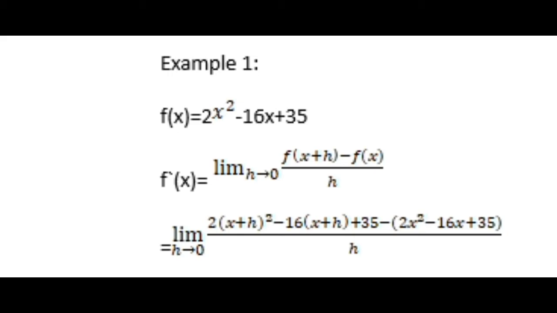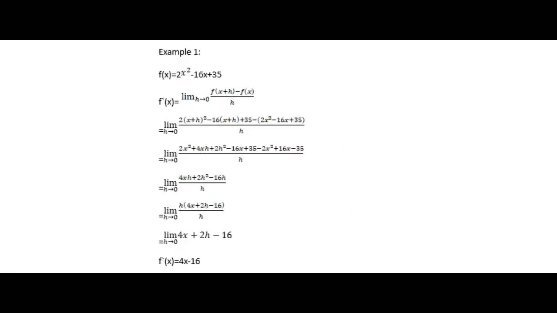Substitute the x from the given formula, and it becomes f prime of x is equal to the limit of 2 times the quantity x plus h squared minus 16 times the quantity x plus h plus 35 minus the given f of x, which is 2x squared minus 16x plus 35, all over h as h approaches 0.